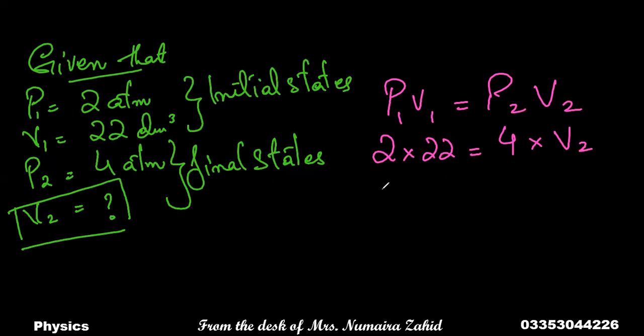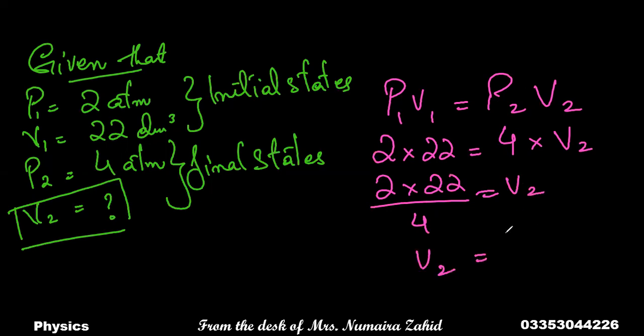Now we can find out that 22 into 2 divided by 4 is equal to V2. You can calculate V2 by simplification, and this is 11 cubic decimeter.